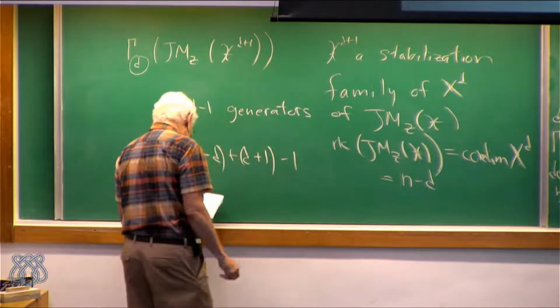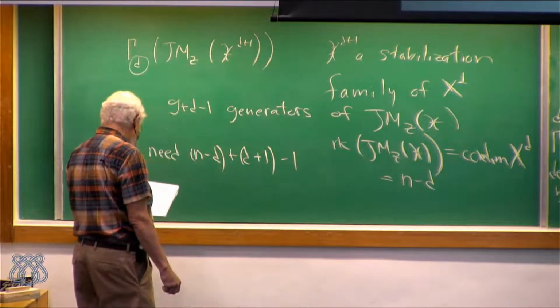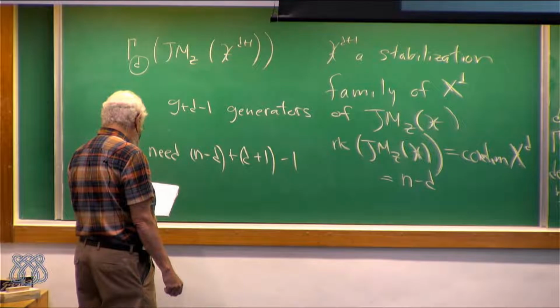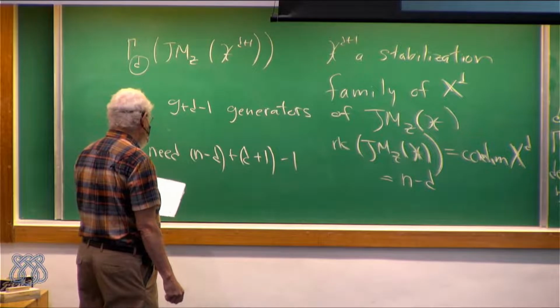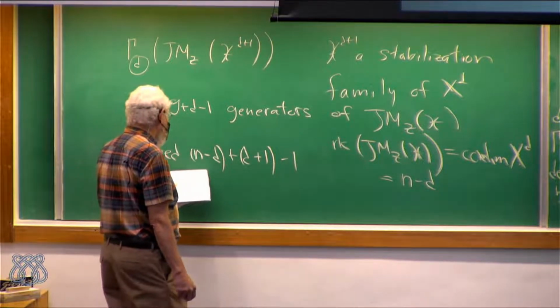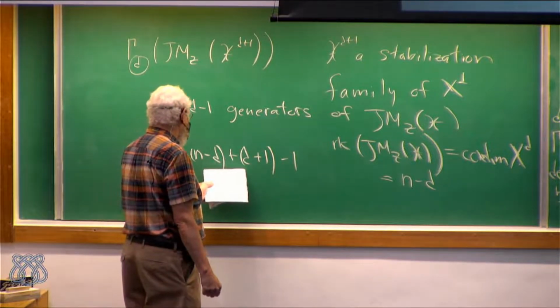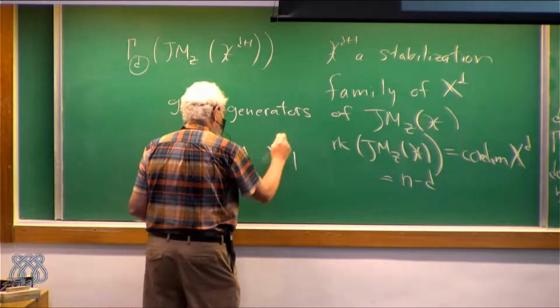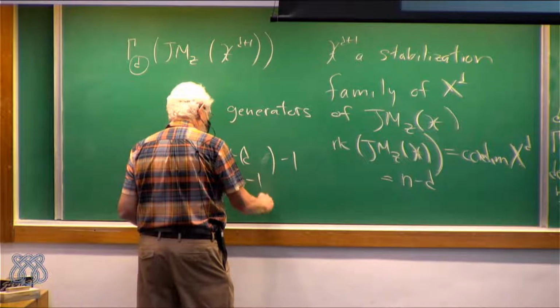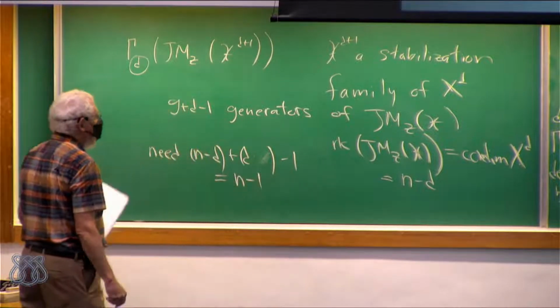Oops, something went wrong. Oh, I see. Yeah, no, this is g. Well, anyway, I might have done something wrong, but I wound up with n minus 1. So it's n minus 1 generators that we want.